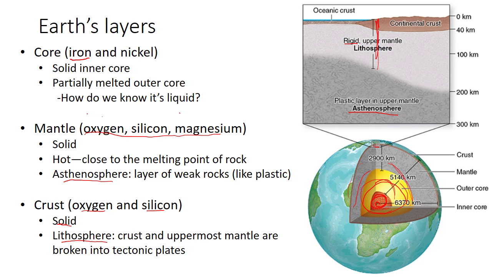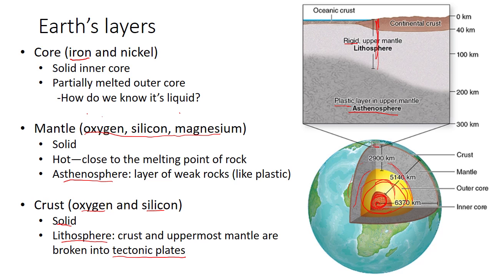It's not deformable like this plastic layer in the asthenosphere. The crust then and the uppermost mantle of the lithosphere are broken up into tectonic plates. And we will talk about that later on in the week when we meet together again. And we'll talk about exactly what these tectonic plates are and where they are.